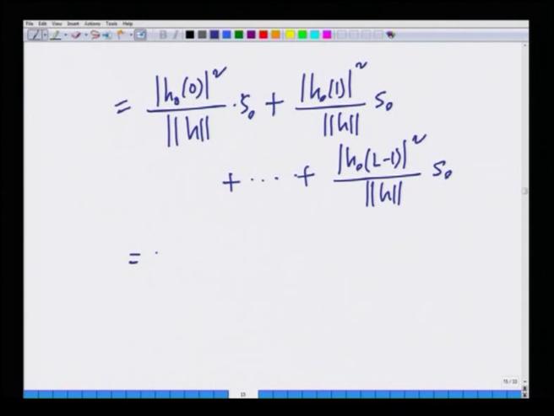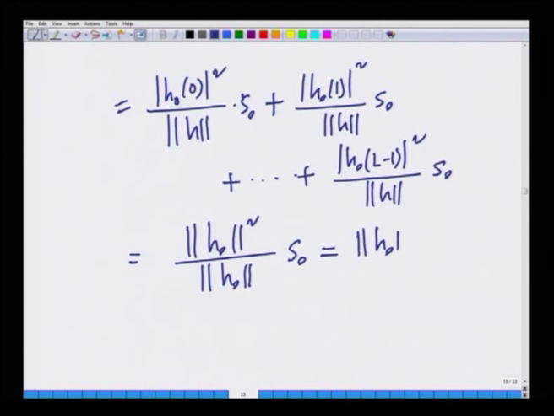The sum of all these components is magnitude h 0 square divided by magnitude h 0 into s 0. This is nothing but magnitude h 0 into s 0.